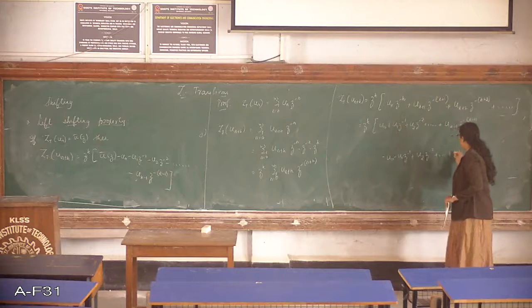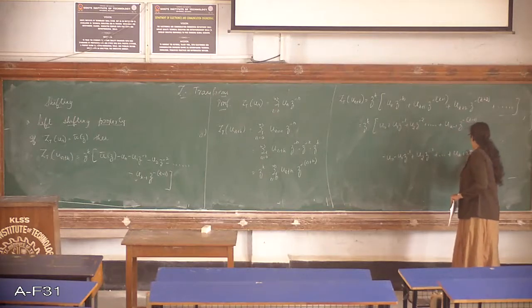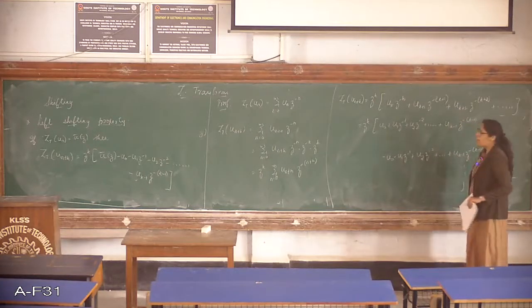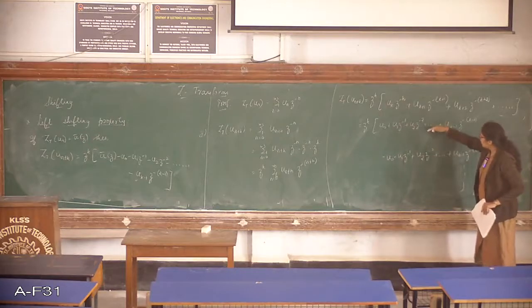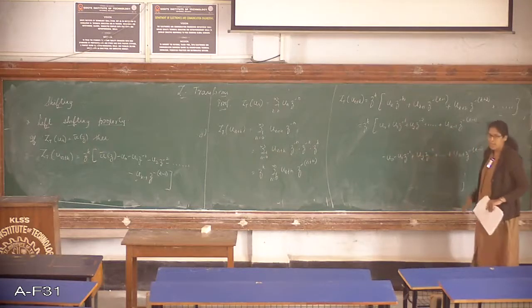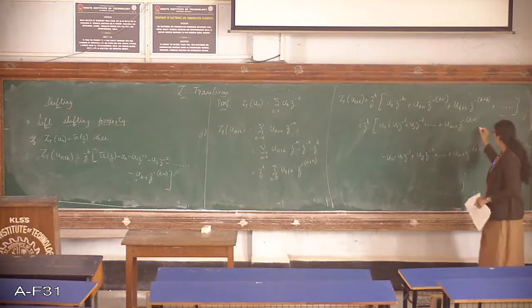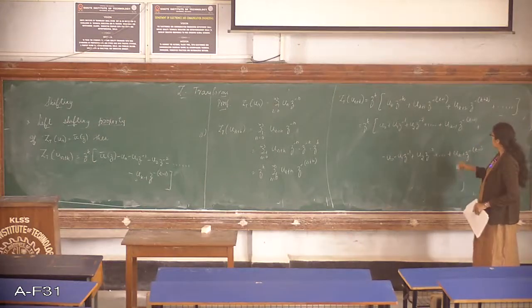plus so on, minus u_{k-1} z raised to minus (k-1). These are the terms I have added, and the same terms have been subtracted, and there are these terms, of course, which we are supposed to write.